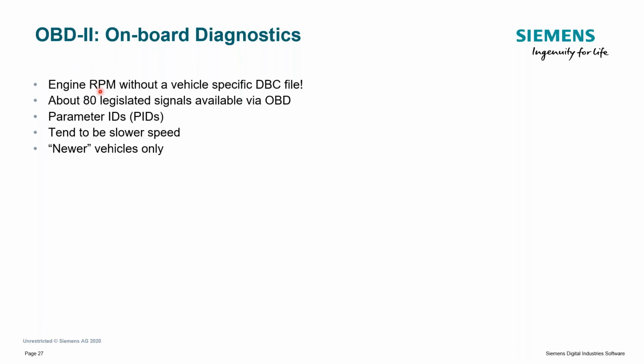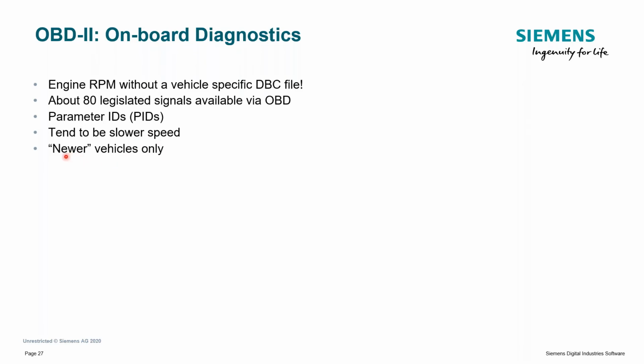So I could get my engine RPM out of my vehicle, and because it's standardized for emissions, I do not need a specific DBC file to do that. And there are about 80 other signals that are available over OBD that are legislated for emissions testing. So I don't get 1,400 signals like I would with CAN if I had a DBC file, but using this OBD approach, I can get 80 legislated signals. They tend to be slower speed, so they're not as fast as CAN, but I'll show you they're still pretty good.